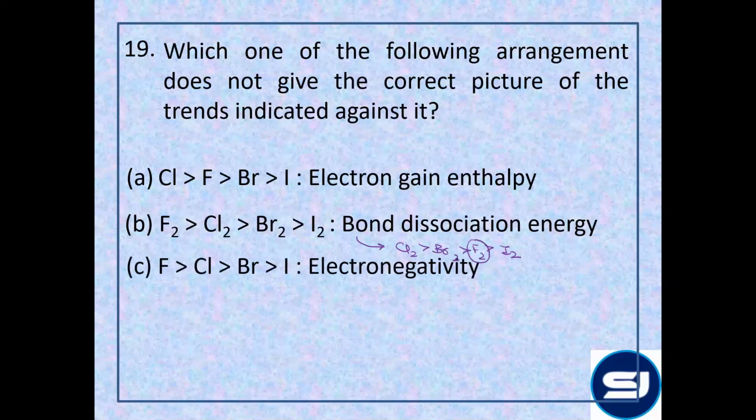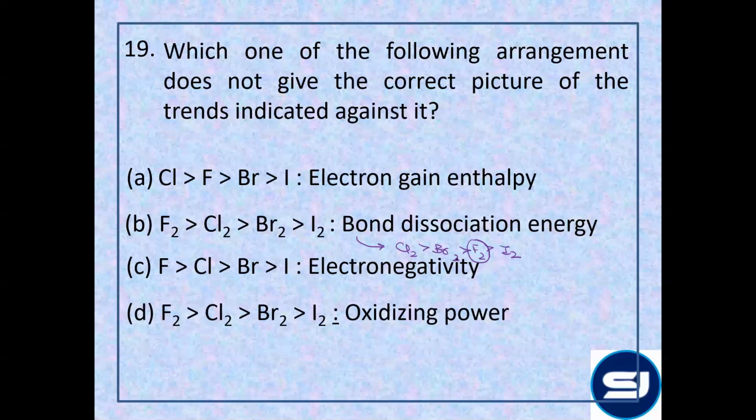Then electronegativity order is down the group decreasing, correct? And oxidizing power is also decreasing। Now, what was the factor which confirms or justifies that F2 is a very strong oxidizing agent? Hydration enthalpy.